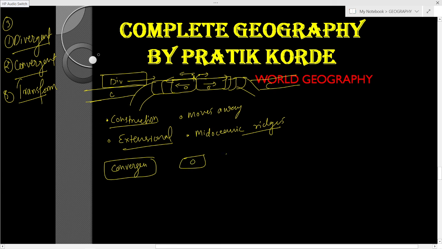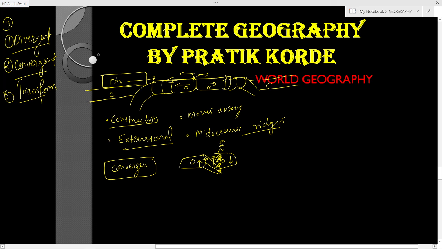Here the two plates, oceanic, continental, or any of the three, converge on each other. So if this is the denser one and this is the lighter one, the denser one will go down, and when it goes down, volcanism will come. This magma will turn into a volcano, and you will see an arc developing in this particular plate.